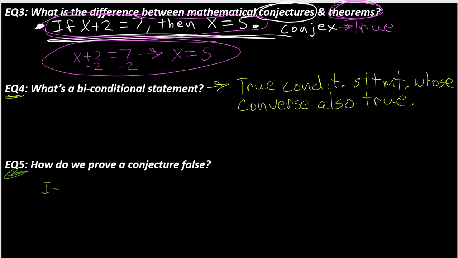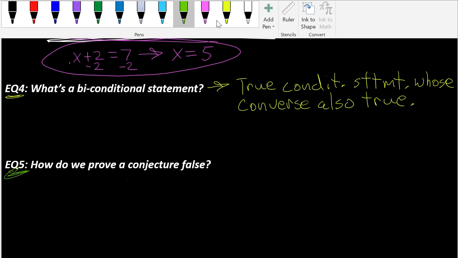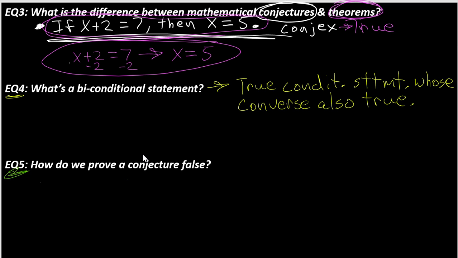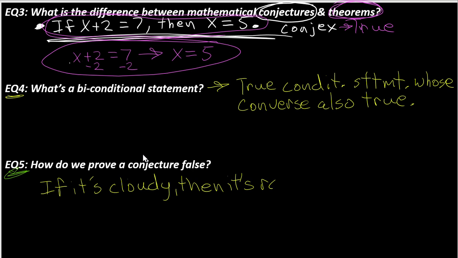Now, its converse, however, we can prove the converse false, right? So let's pretend the original conjecture was the converse. Let's just say if it's cloudy, then it's raining. Oh my goodness. Okay, well, this is false, right?